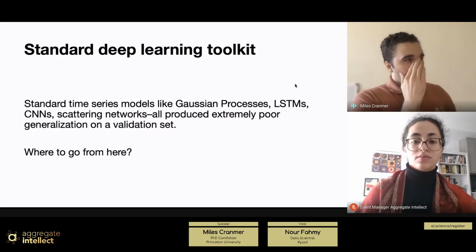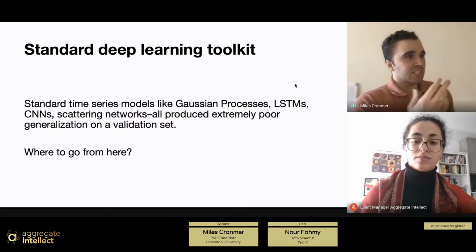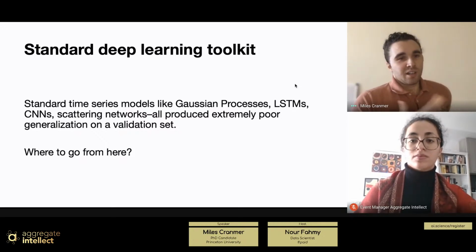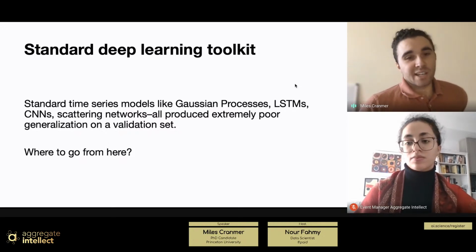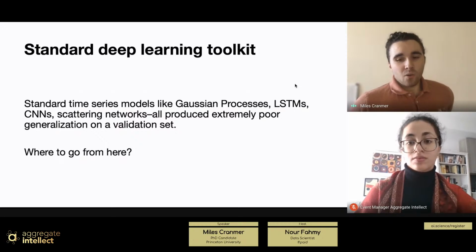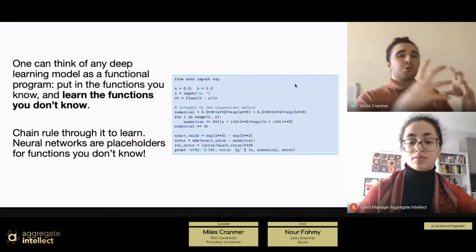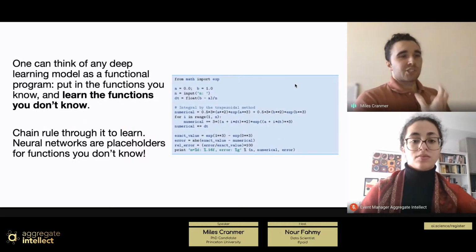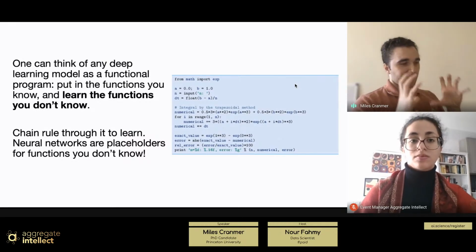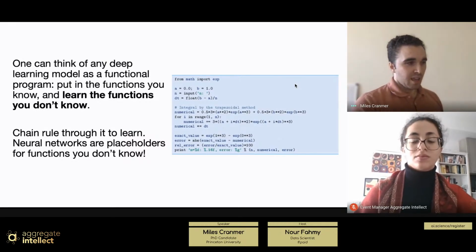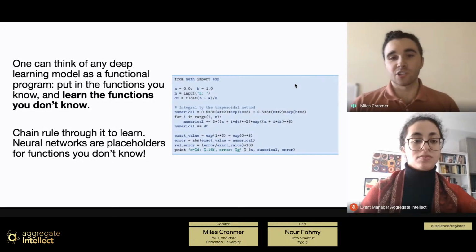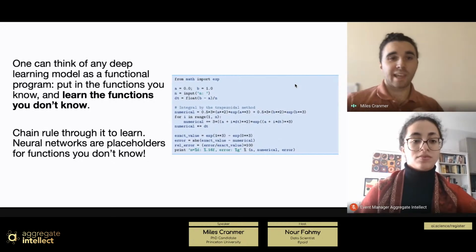So we were stuck, these standard time series models just were not fitting the system well. So what we ended up doing is using existing metrics and theoretical approaches to this problem, and structuring our neural network with influence from those theoretical metrics.